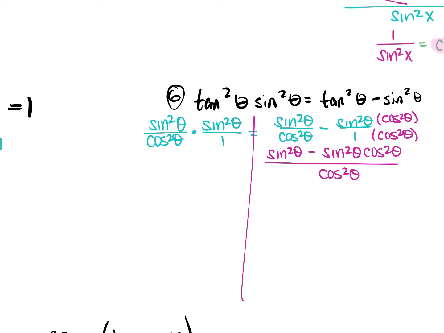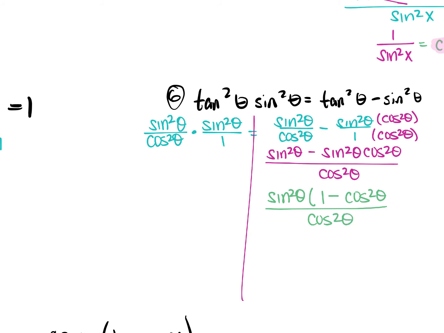As you look at this numerator, one term is the sine squared theta, the other is the sine squared theta times cosine squared theta. Both of those terms have a sine squared theta to them, so you can factor out the sine squared theta. That would leave you with sine squared theta times 1 minus cosine squared theta all over cosine squared theta.